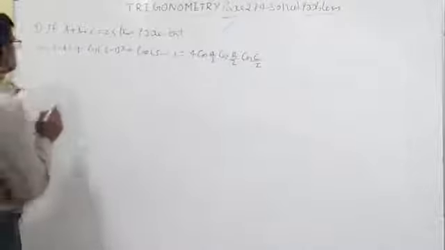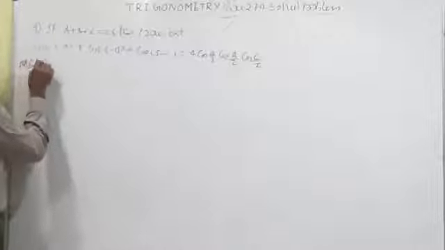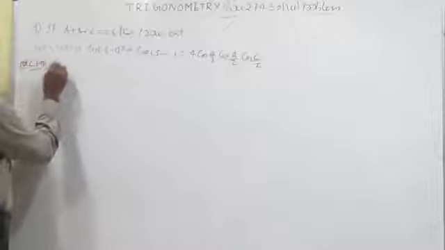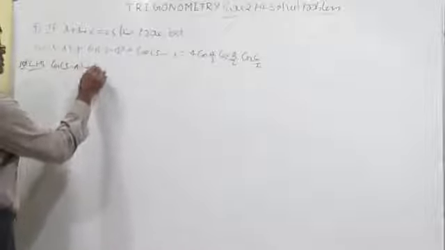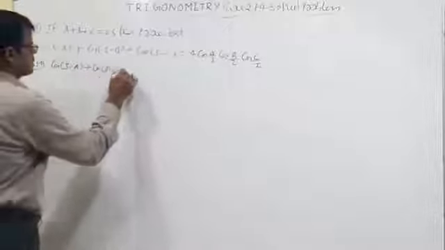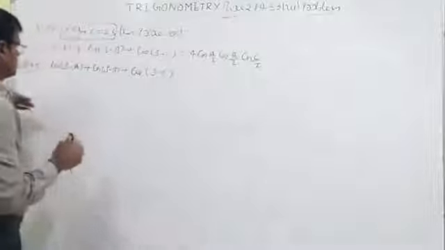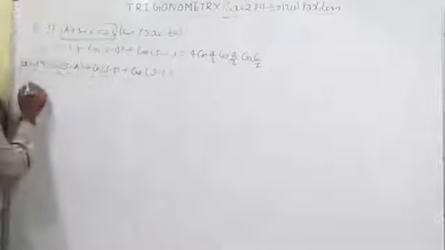Now take LHS. LHS is here cos of (S minus A) plus cos of (S minus B) plus cos of (S minus C). Try to understand, given A plus B plus C is equal to 2S. According to the transformation property, you apply the formula.